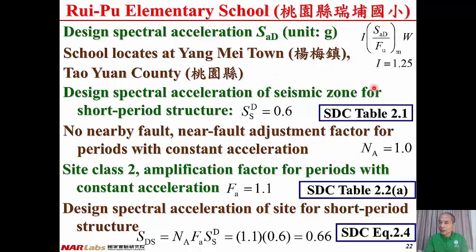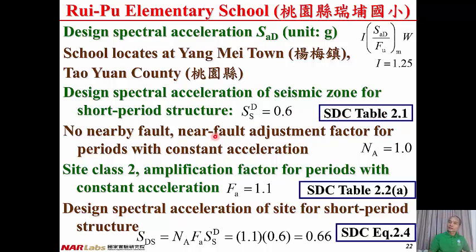So far we have I equal to 1.25, and from the location of this building, Yangmei Town at Taoyuan County, we can have the design spectral acceleration for the seismic zone for short period structure, SsD equal to 0.8 from table 2-1 of the seismic design code.